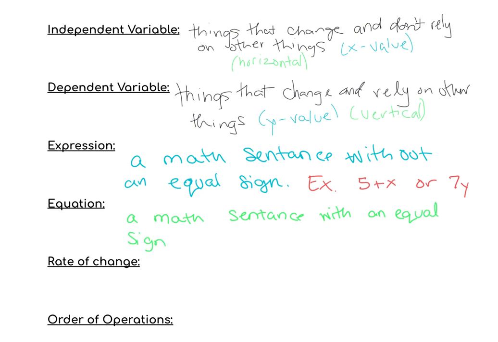Okay, so if I was going to give you the same examples, 5 plus x equals y, okay? Or 7y equals 14, okay? That would be an example of an equation because it has that equal sign.